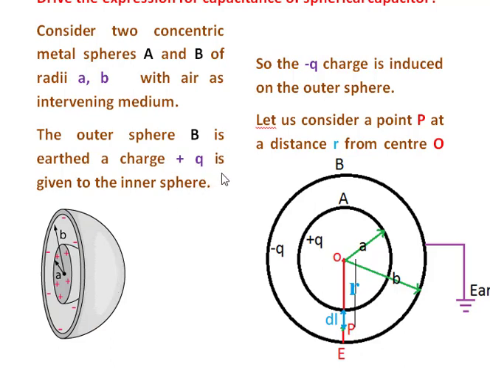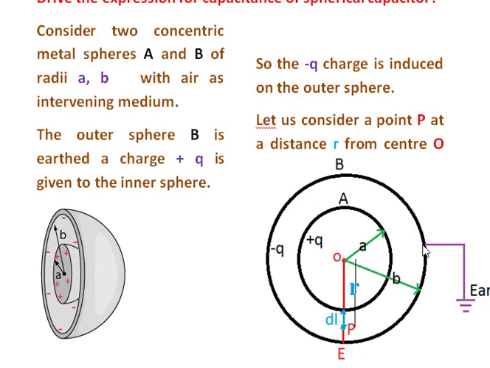A charge plus Q is given to the inner sphere A. The charge plus Q is given at A, so that its opposite charge, minus Q, is induced, and a positive charge is also induced, but the outer sphere B is earthed.